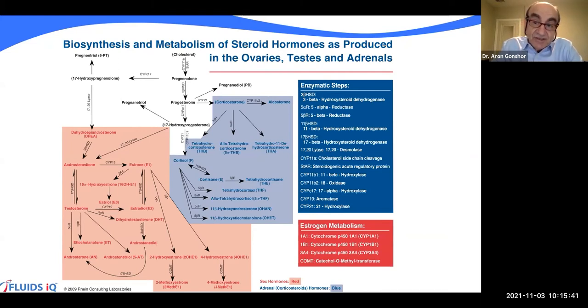They can be produced in the adrenals or in the testes or in the ovaries, but then they are metabolized in the liver and eventually get into the urine, where there are many tests that can be done in the urine, which gives you not only the particular entities I discussed a few moments ago, but also all of their metabolites. And the question is, which we'll go into in more detail, what do you need to know when it comes to the metabolites, and why do you really need to know that?